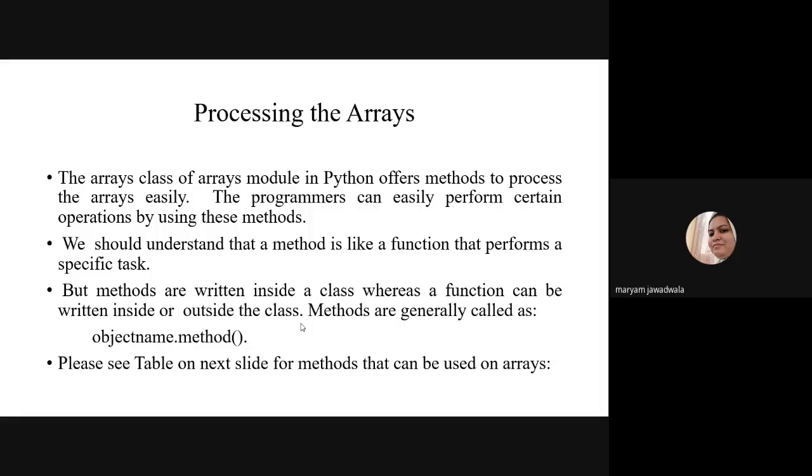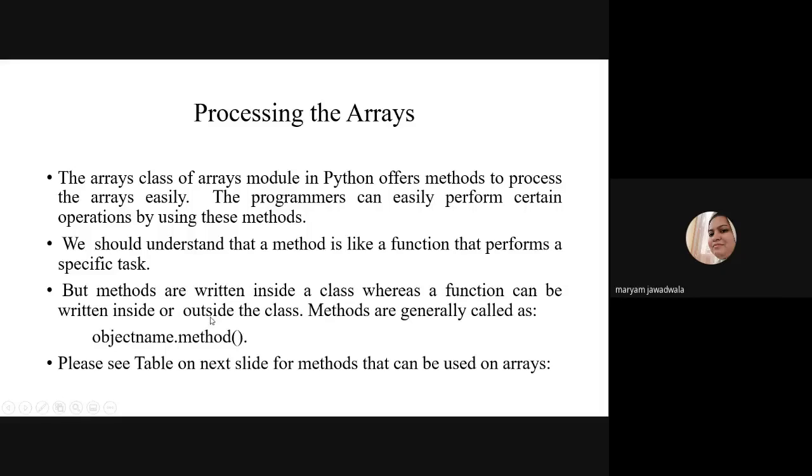So we can write a function or a method to do some specific task, right? If we write a function inside the class, then it becomes a method, right? Methods are generally called as the name of the object and then the method name, right?